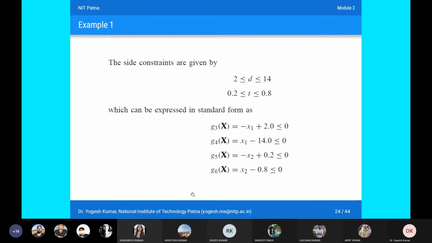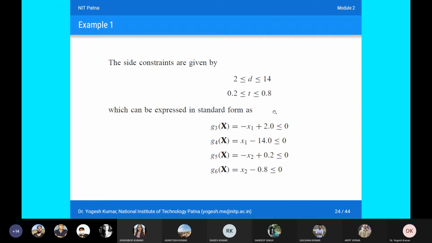There were other constraints also: the mean diameter should not be less than 2 and should not be greater than 14. Similarly, the tube thickness should not be less than 0.2 centimeter and should not be greater than 0.8 centimeter. These were again expressed mathematically in standard form in these four equations.